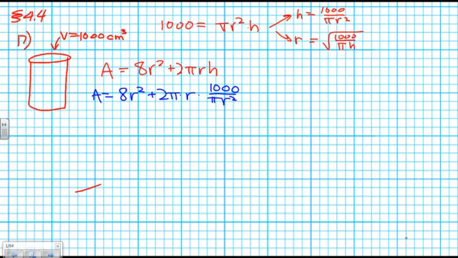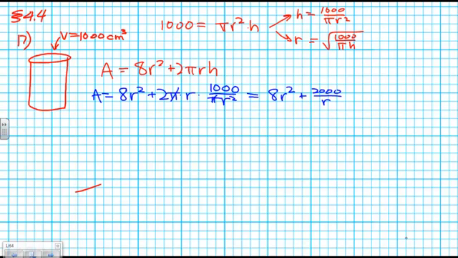Yeah, this one does clean up really nicely. We're going to end up with a 2,000, but these pi's cancel, and we end up with 2,000 over r, I think. That's what I get. Yep. Which kind of begs the question of why you were asking about pi squared.